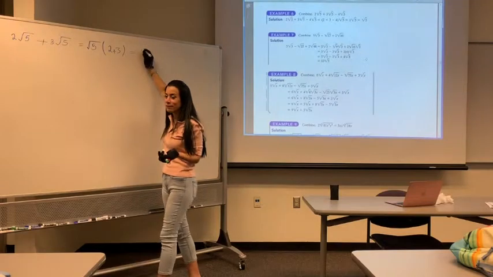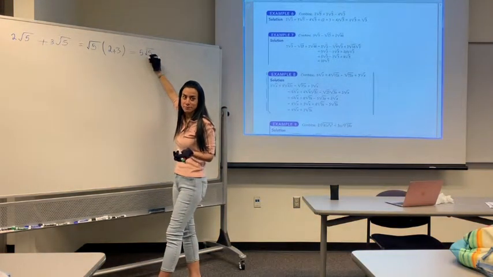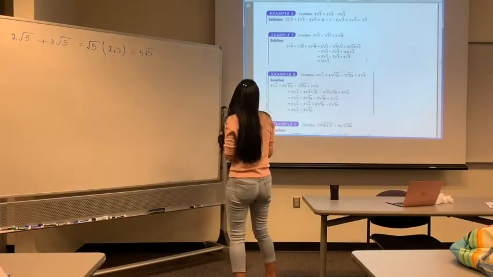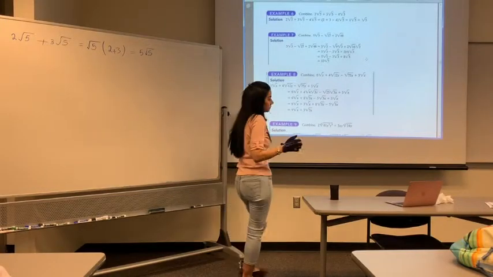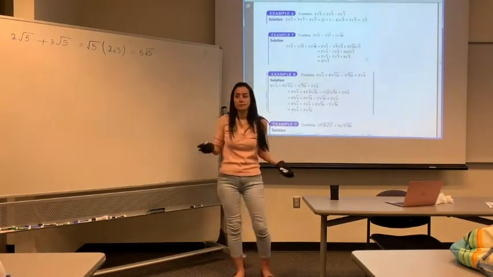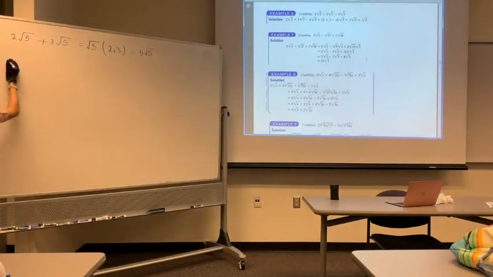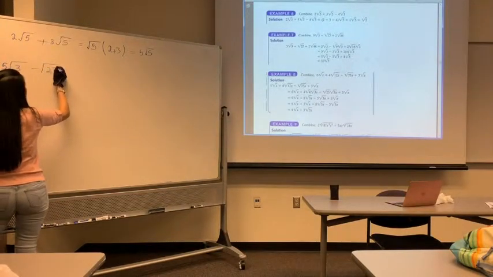So what do you have? 5 radical 5, correct? So this was so simple. But in other cases, we have to find the same radical in each of the terms. Let's see how we can do this.